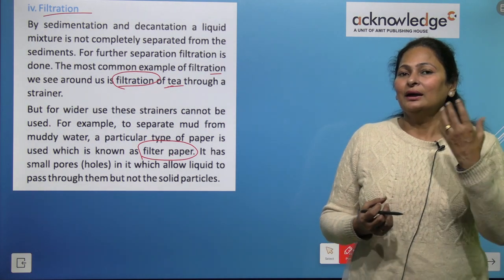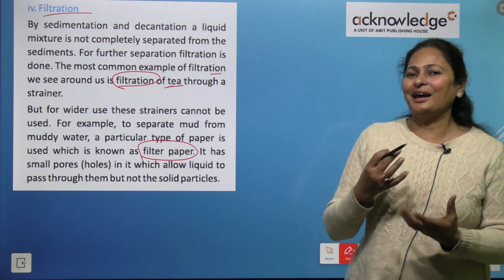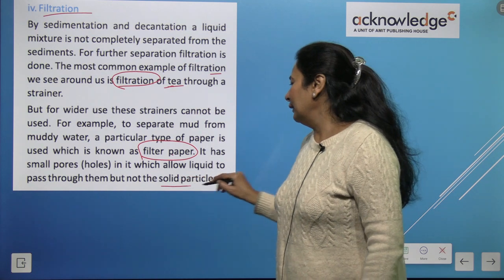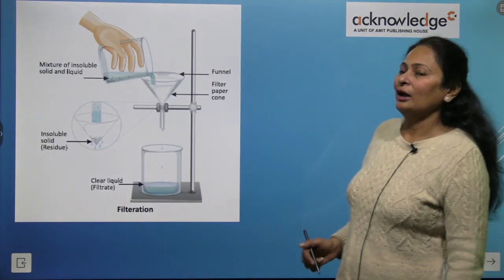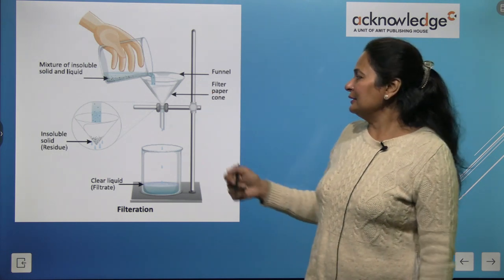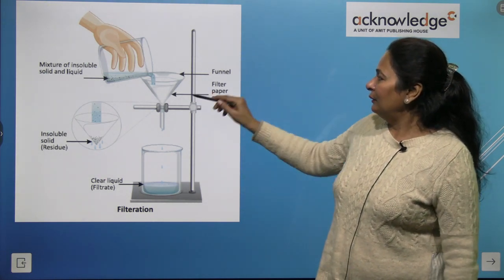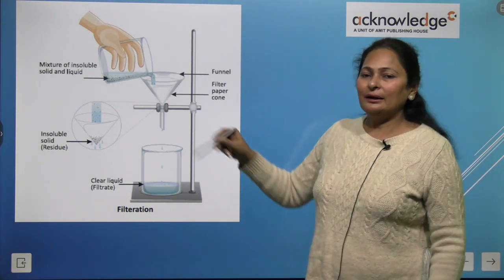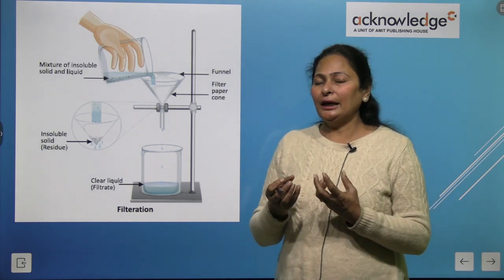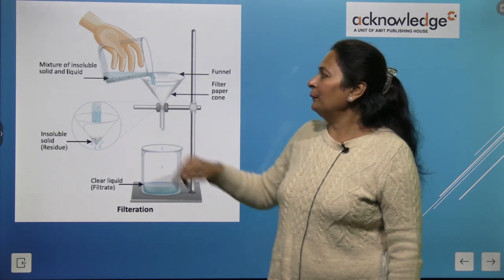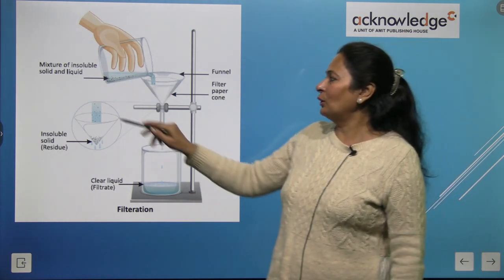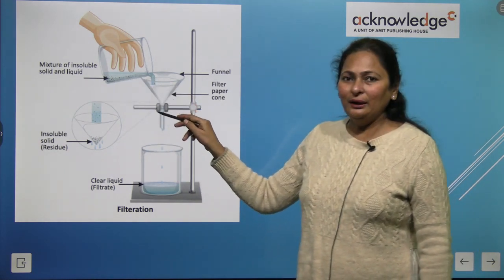And what will happen? The sediments will stay on the filter paper, or the solid particles will stay on the filter paper. Here you can see this is the funnel, and in the funnel we have kept the filter paper. Now we are pouring the mixture of insoluble solids and liquids onto it, right?